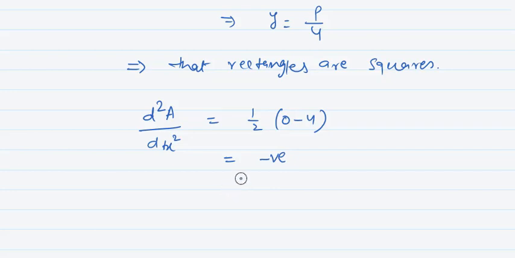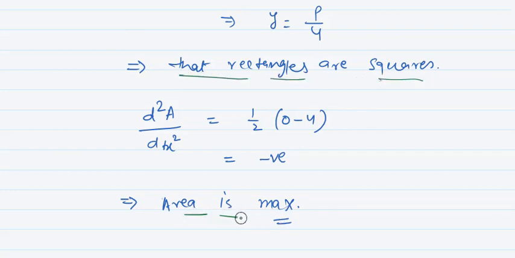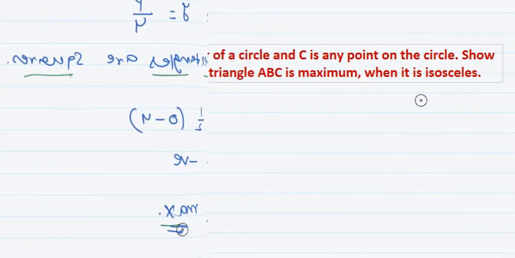So if the double derivative is negative, then what about the function? It is the largest value. So which implies that area is maximum. Okay, so the two parts we have proved. Number 1, the rectangles are squares, and number 2, the area is maximum.